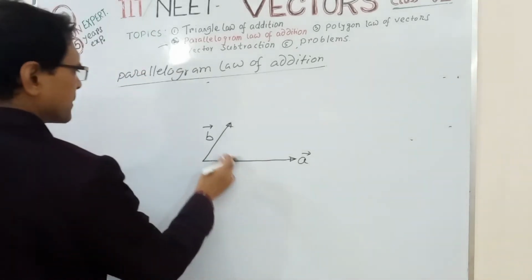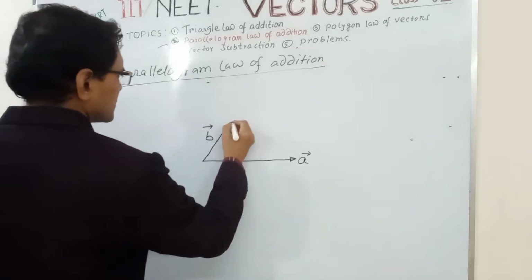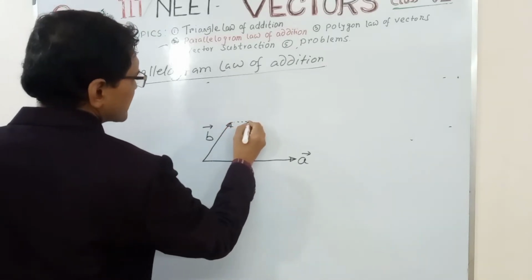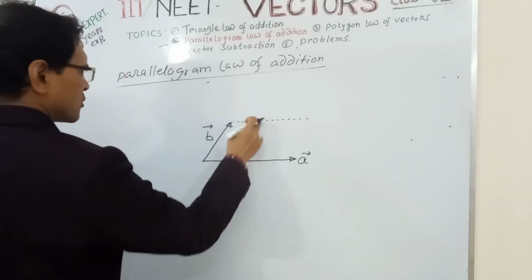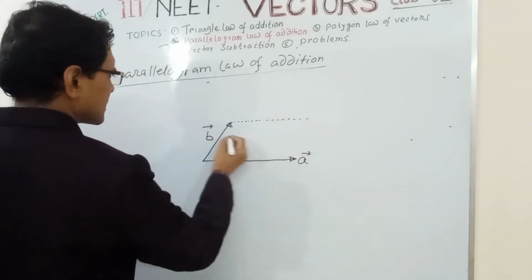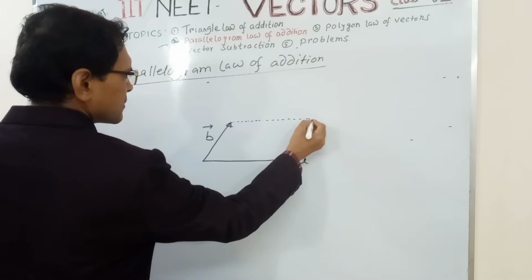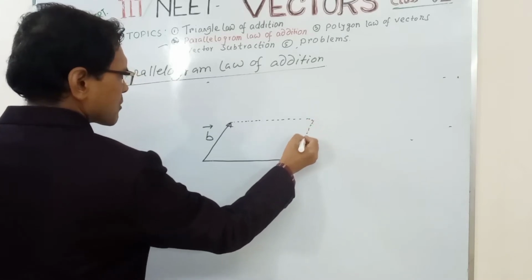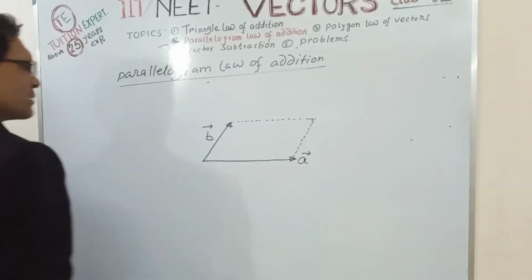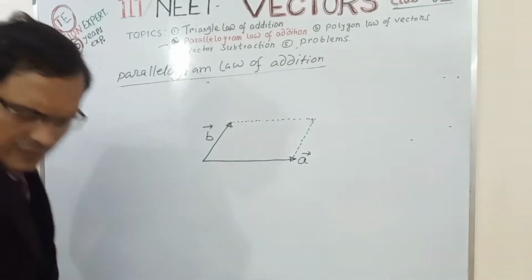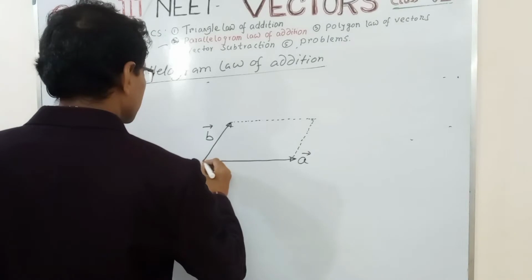Now complete the parallelogram with the help of two sides. Draw a line parallel to this and another line. So this is the parallelogram.